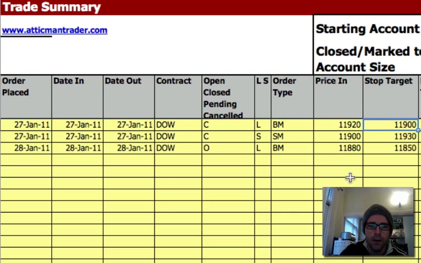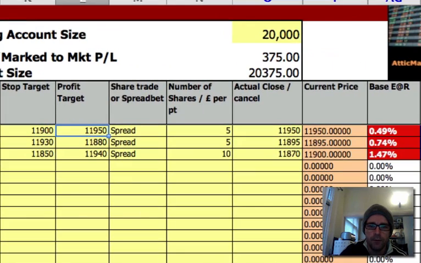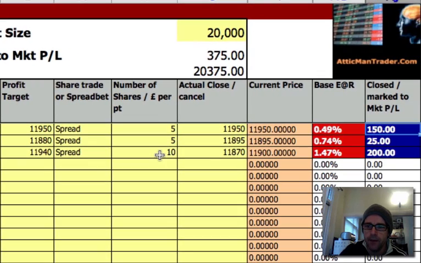My stop was 11900 and my profit target was 11950. Now this trade I used spread betting effectively, and I was risking £5 a point. And this trade came out at my profit target, which was 11950. So you can see that the P&L on this trade was 150 quid.